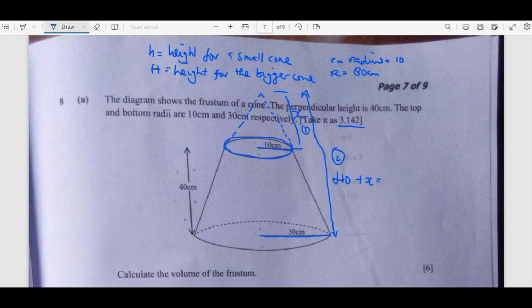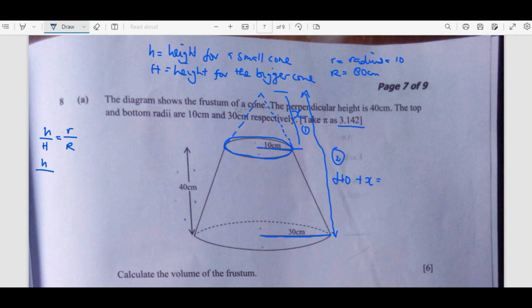We're going to use similarity of congruence because that is the information we need. So h over capital H is equal to r, small letter, over R, capital letter. We can substitute because the information has been given. We don't know this h because that is what we are looking for.